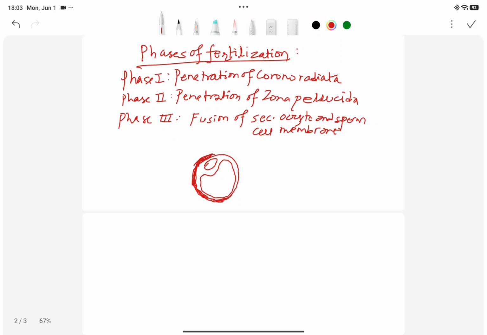The zona pellucida is further covered by the corona radiata cells.